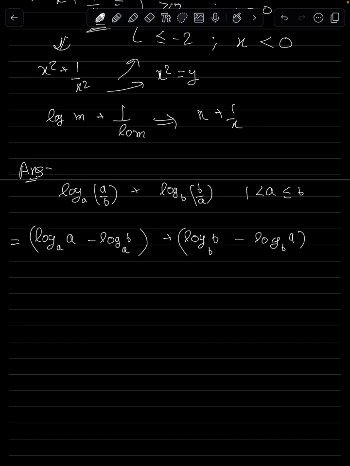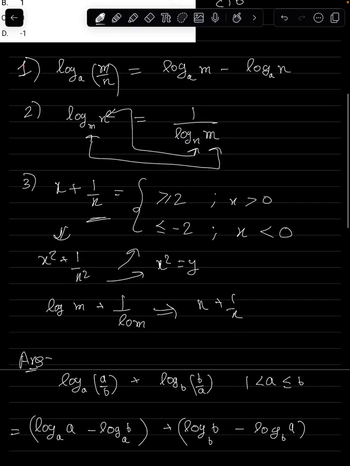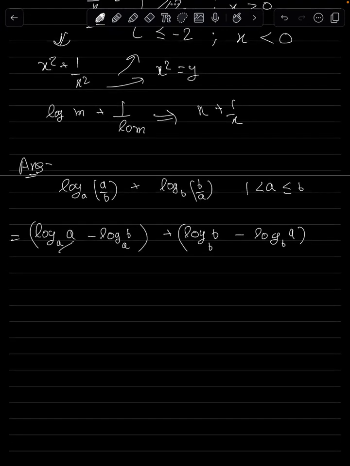One simple property I forgot to write is, if the value and base are the same, so if m is equal to n, then it is 1. So here the base and value are the same, so it will become 1 minus log base a of b plus 1 minus log base b of a.